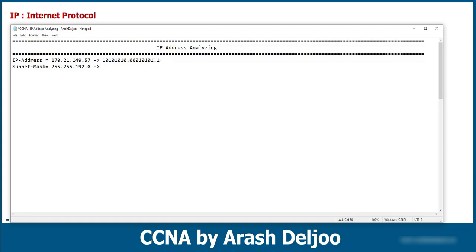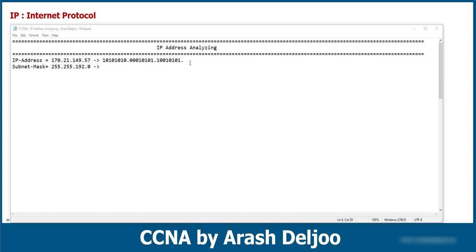We need 128, 0 for 64, again 0 for 32, but 1 for 16. 128 plus 16 equals 144. Then we don't have 8 here. Now we have 144, so we need 1 for 4 and 0 1. Let me calculate: 128 plus 16 equals 144, plus 4 is 148, and plus 1 is 149.